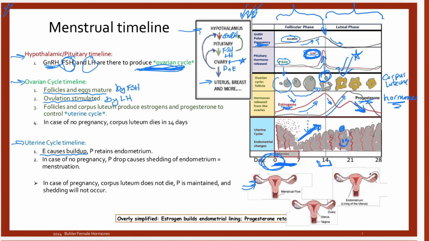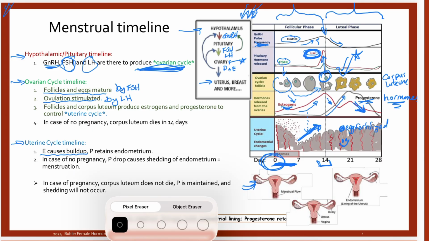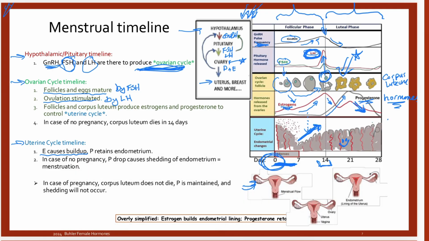Now you have ovulation, and the lining of the uterus is still going to stay there because it's waiting for fertilization. You're not going to fertilize the moment of ovulation. So it's going to stay doing its thing for a little while. Okay, so you had that estrogen increase. That was causing the building of the endometrial lining. Then you had ovulation.